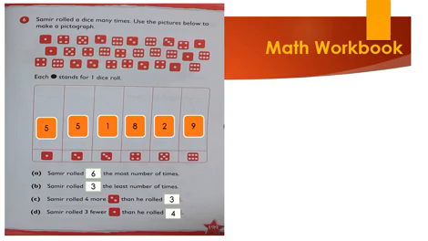So 8 for that dice minus 5 for the 1 dot dice is equal to 3, which means the 1 dot dice is 3 times fewer than the 4 dot dice.